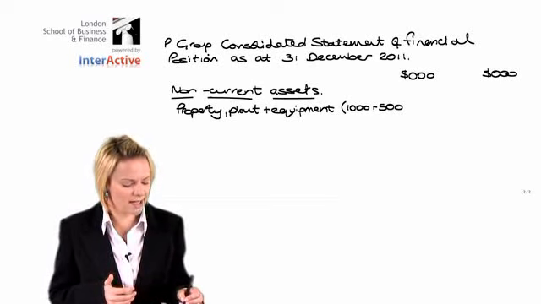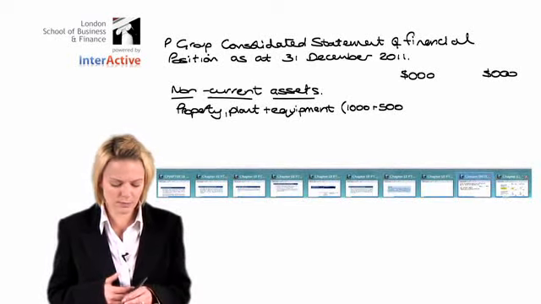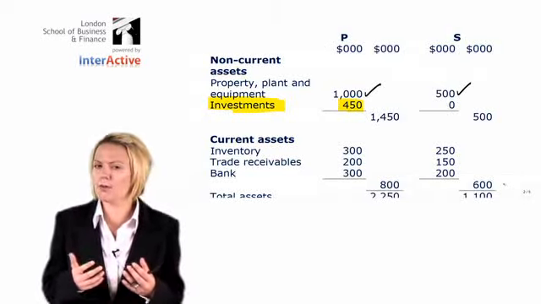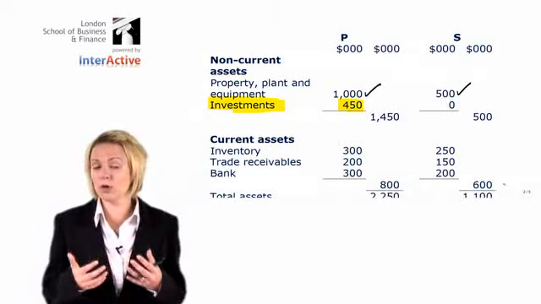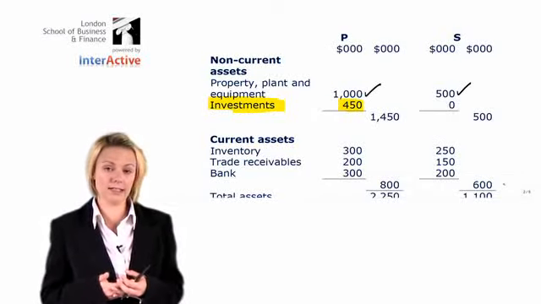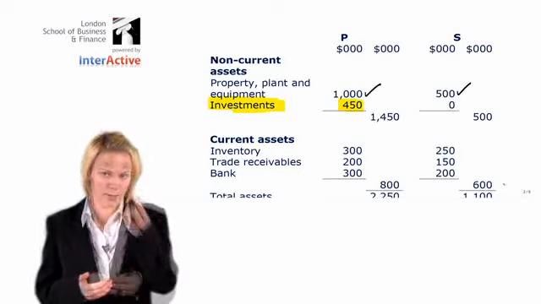Now, our next line is going to be investments. Now, do you remember that parent, Company P, paid $450,000 to acquire Company S? That was in Note 1, remember?